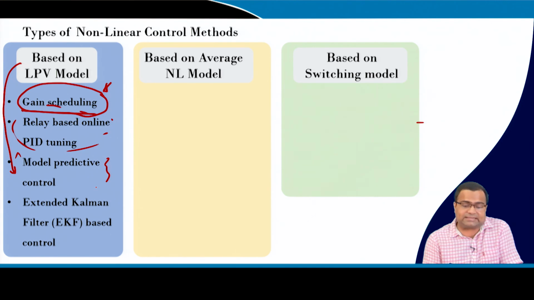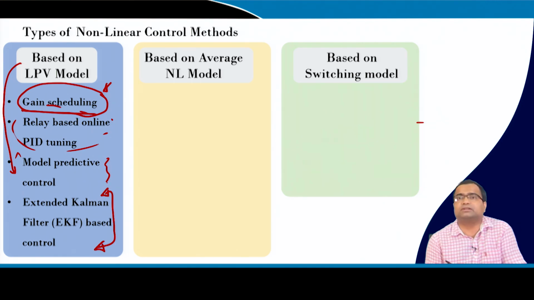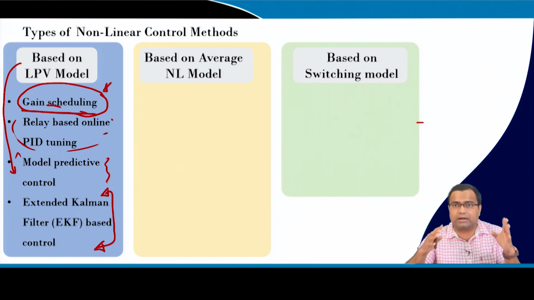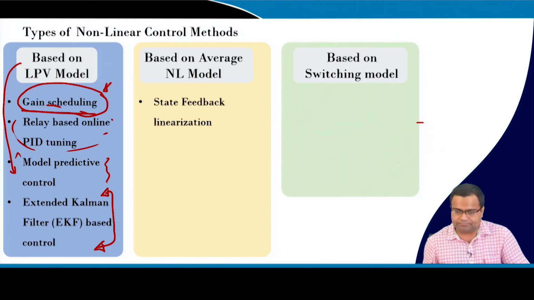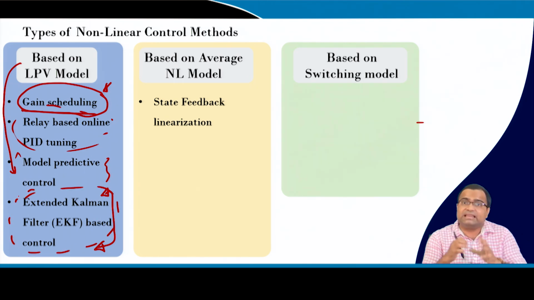You can also use an extended Kalman filter based method, if you consider the stochastic system with unmodeled dynamics as well as process and measurement noise. Then you can use the extended Kalman filter concept. But in this technique you linearize the system around some operating condition and then apply the Kalman filter, right.